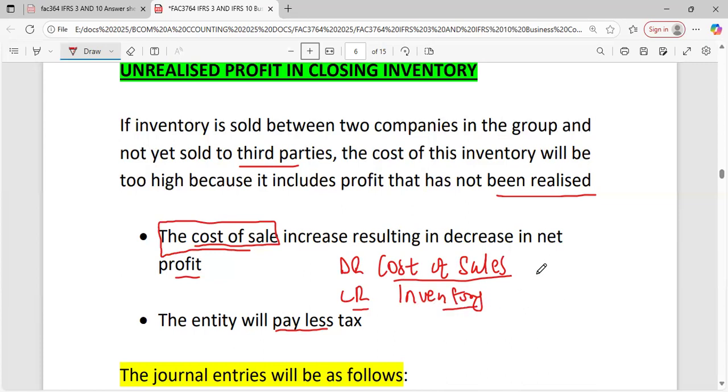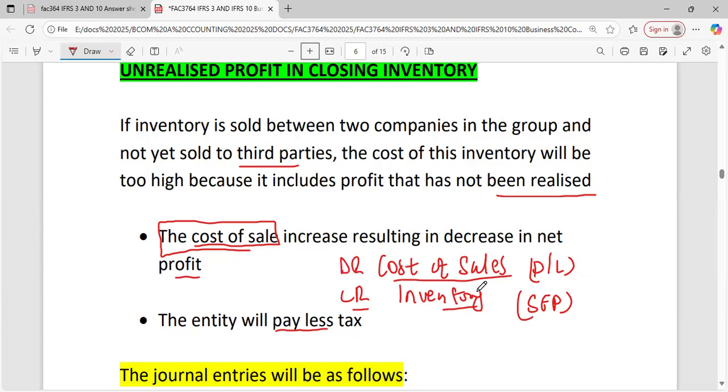So when you debit your cost of sale, you debit it in the profit and loss, and the credit to inventory is in the statement of financial position. This is the reason why I was saying your journal entries are very important.